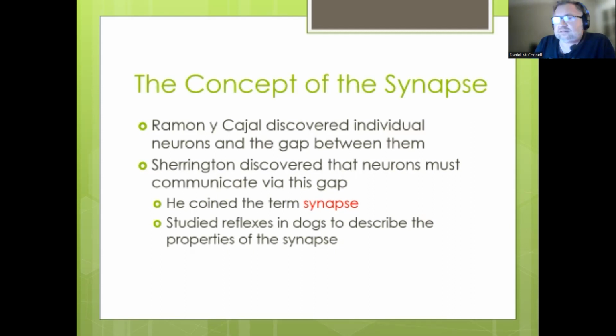But one of the things that he found in his observations is that the nerves that he was viewing were not long continuous fibers, but consisted of discrete individual cells that had small gaps between them.